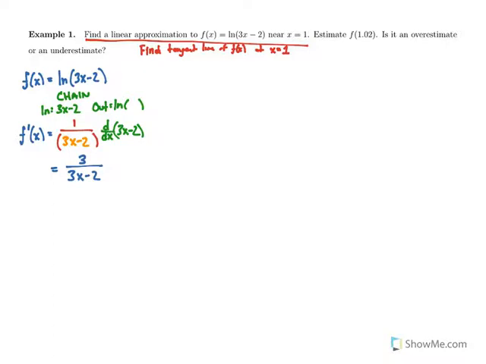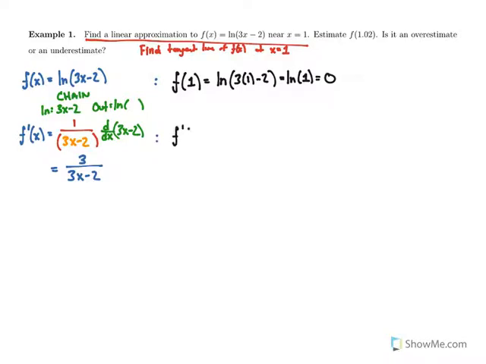Now what we care about for getting the tangent line is not so much the functions themselves, but plugging in 1 into the function, plugging in the value a into the function. So here we have f of 1 is going to be natural log of 3 times 1 minus 2, and that is going to be natural log of 1, which is 0. And that's a nice value to deal with for this function.